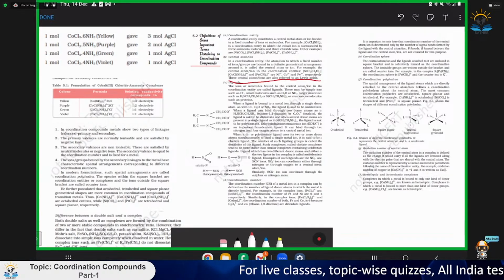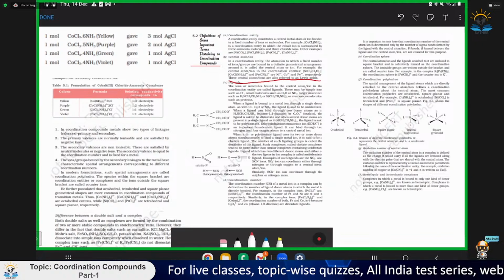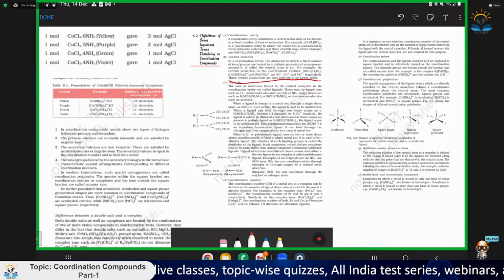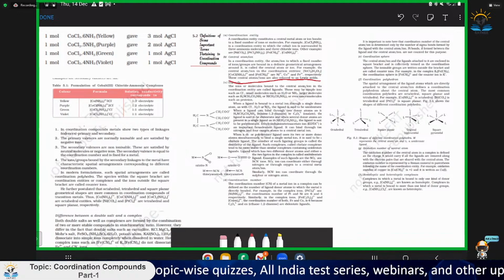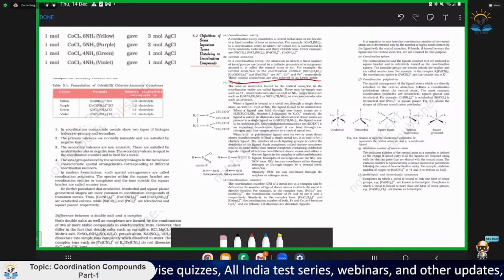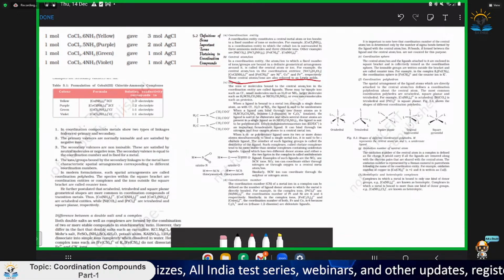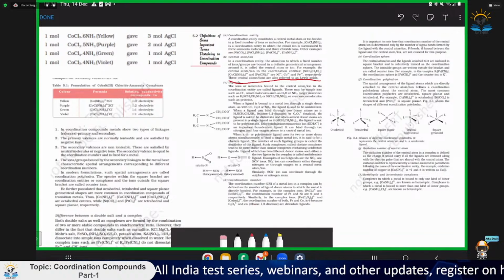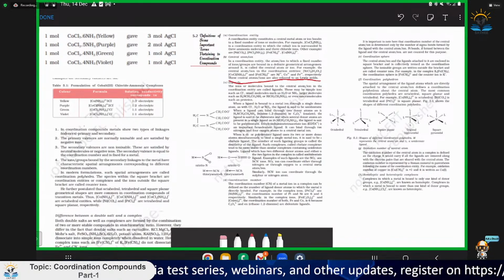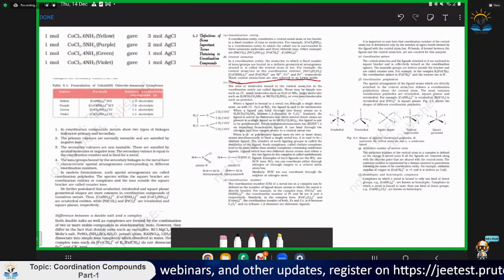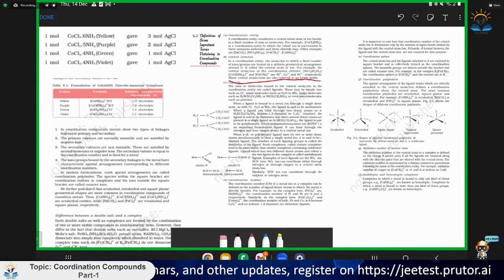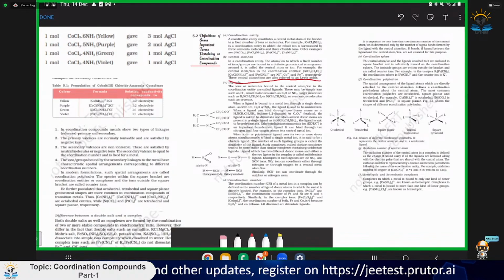Ligands are Lewis bases to the respective Lewis acid. Ligands are arranged in a certain molecular arrangement according to Werner's theory and the other theories that will come up. When a ligand is bound to a metal ion through a single donor atom, as with Cl- or H2O, the ligand is said to be unidentate.